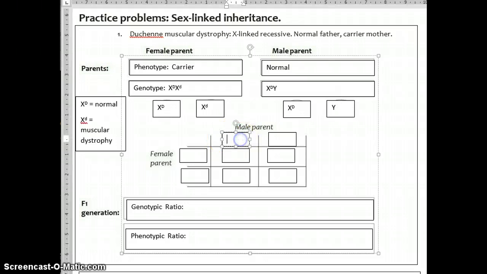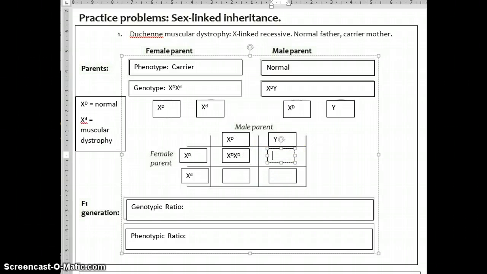Okay, so we can go ahead now and put these into the top of our Punnett square, like so. Then the Punnett square works as normal, so the first possible child will have an X capital D, X capital D genotype.